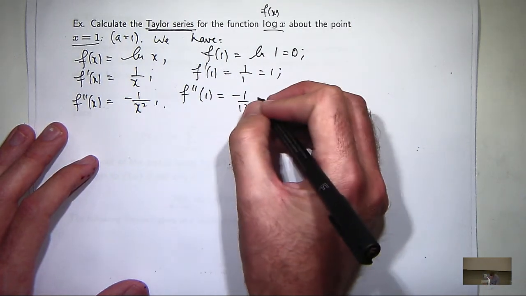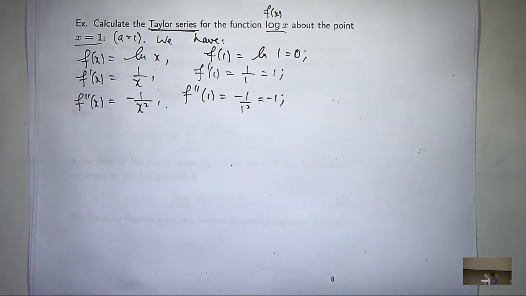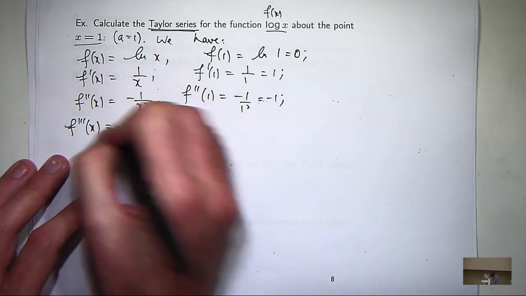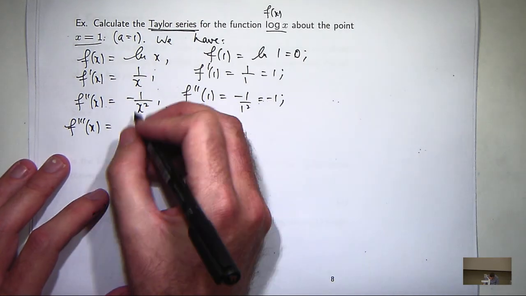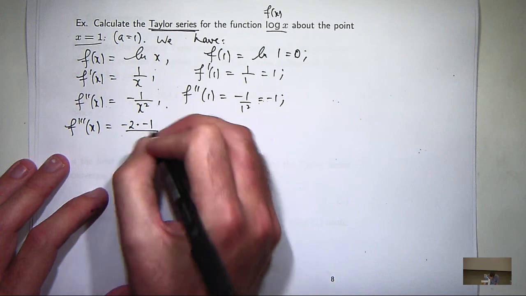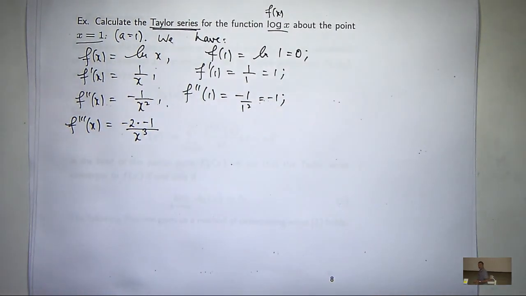So this 3 is going to come to the front and become a minus 3. So now can you see some sort of pattern? Sort of a vague pattern here.